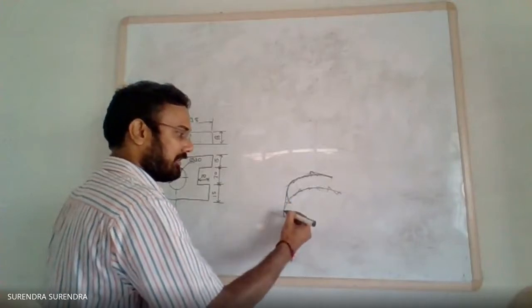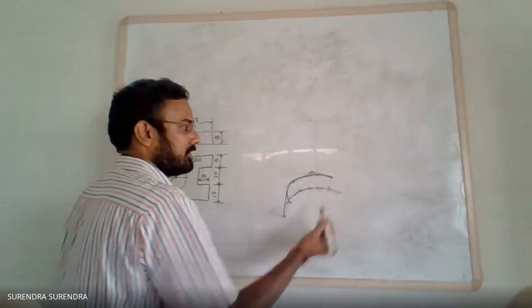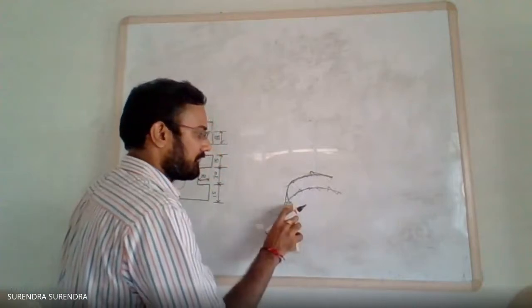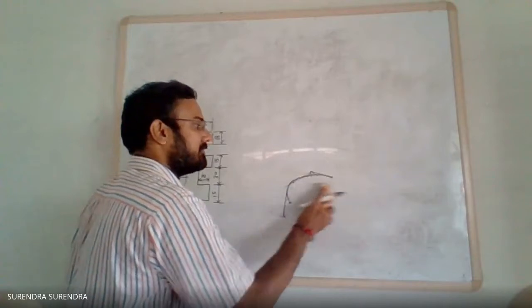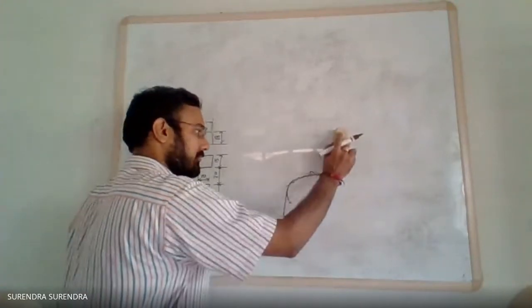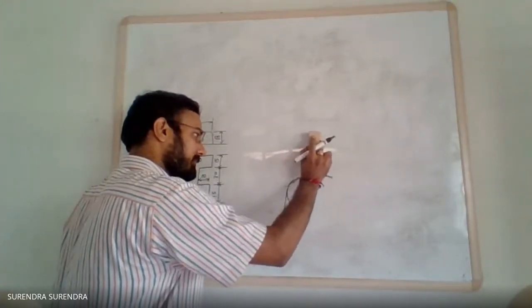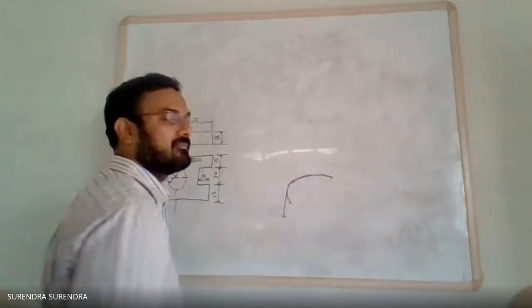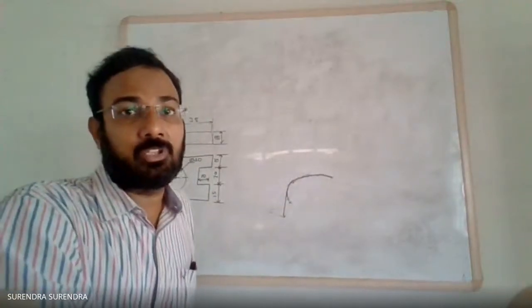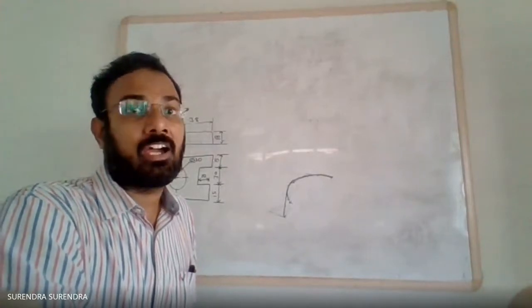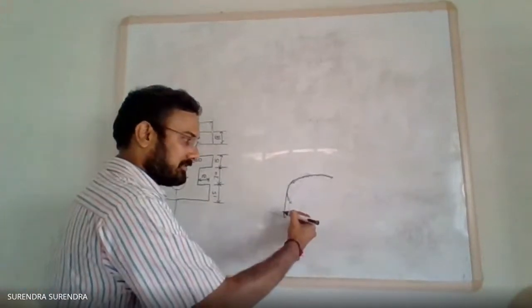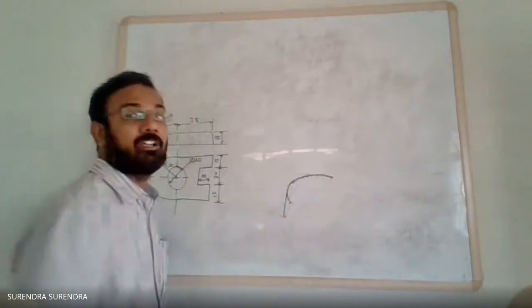The interior curve you can't view, so I am erasing this curve. Only this outer shape is visible. Only the top curve is visible. The bottom curve is mostly hidden, only a small part below is visible.